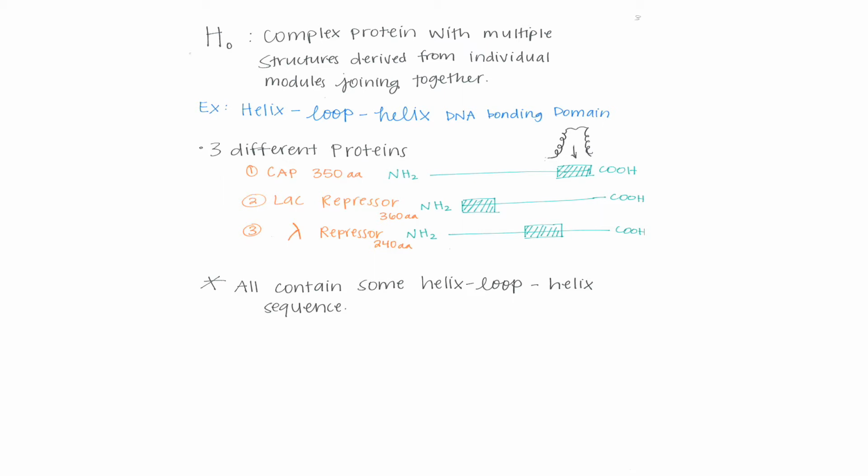And we think that it's the second which is true, that this DNA binding domain, the helix-loop-helix, arose once, turned out to be a very good structural and functional activity, and then through DNA recombination moved the sequences around onto other proteins and then allowed them to bind to DNA.